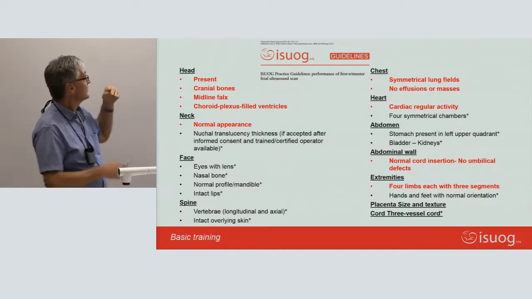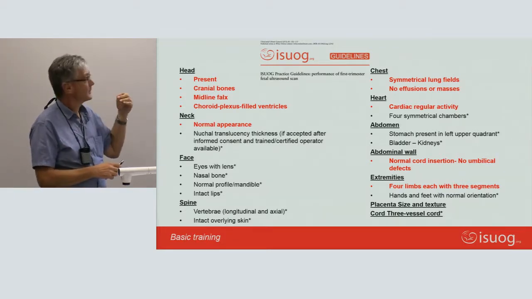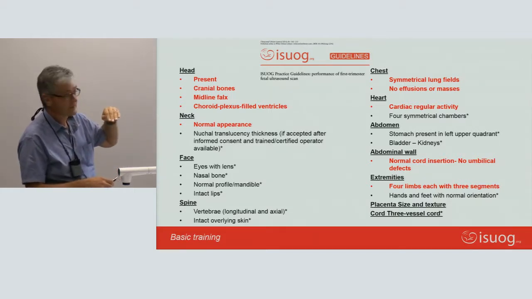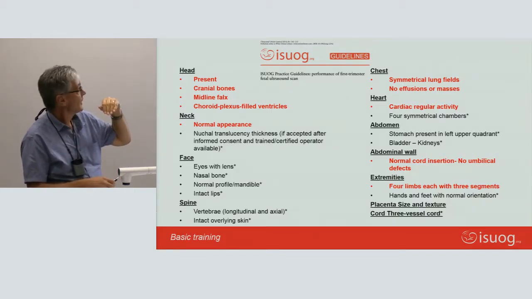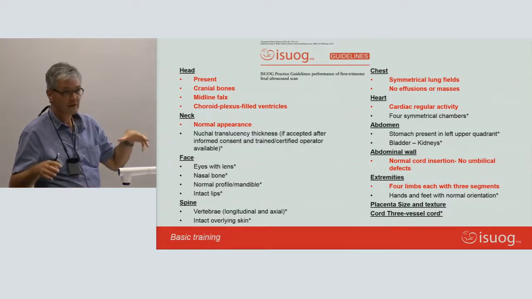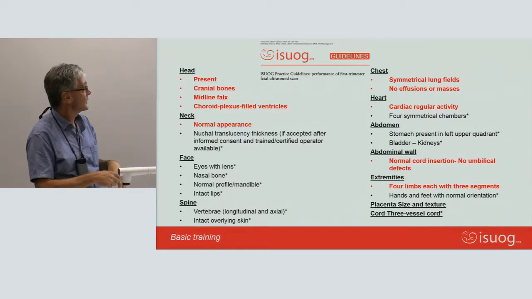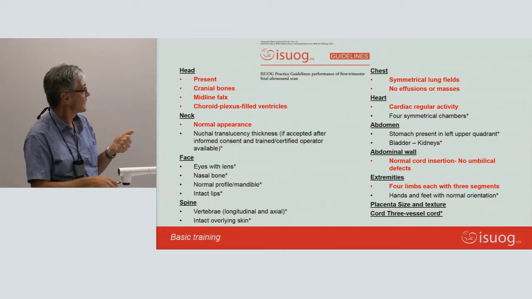Going down from the head, you want to see, does the neck have a normal appearance? Going down, still into the chest, are the lung fields symmetrical, no huge masses or fluid collections or asymmetry? Does the heart beat regularly?